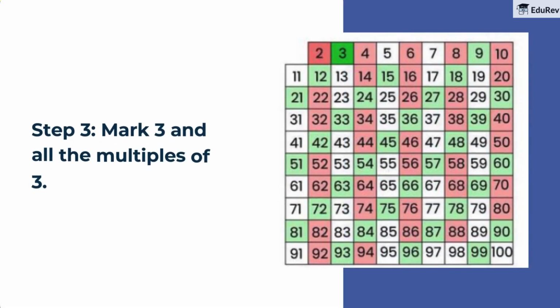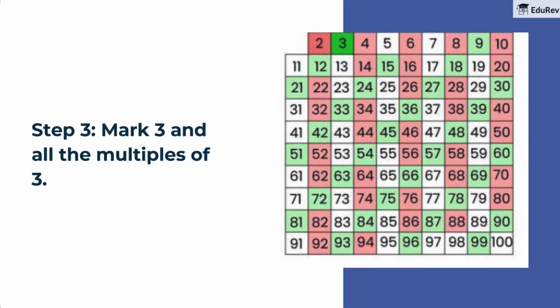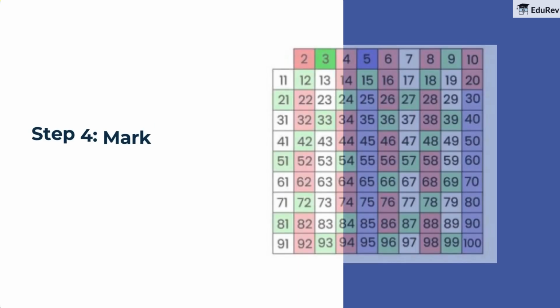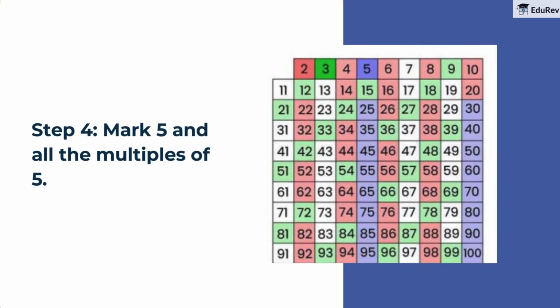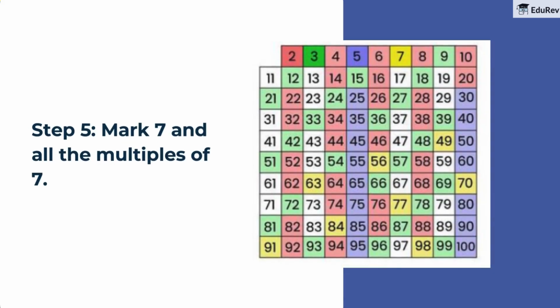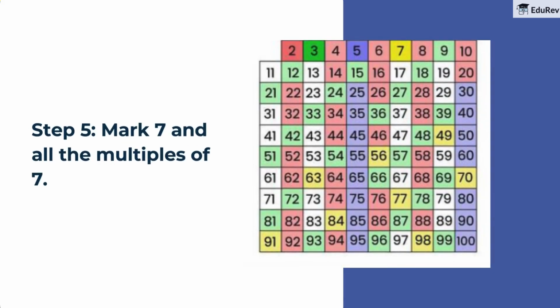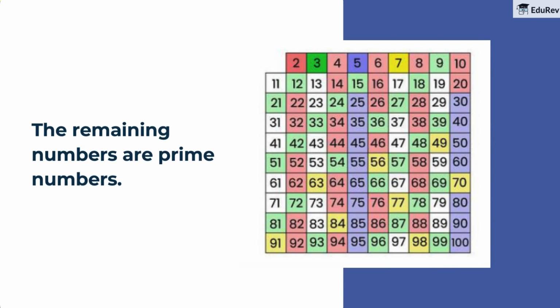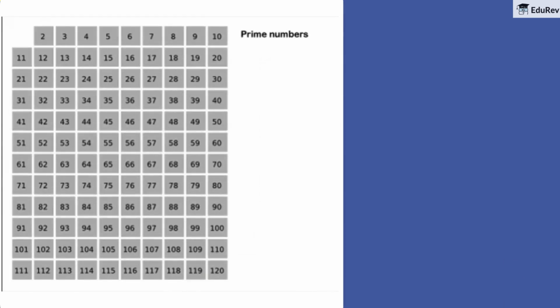Next, we mark 3 and all multiples of 3. Next, we cross out 5 and all the multiples of 5. Lastly, we mark 7 and all the multiples of 7. The remaining numbers are prime numbers. Now, let's see this in action.